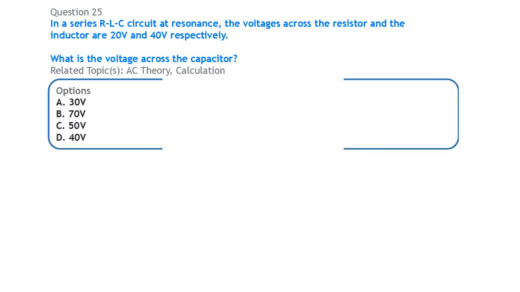Next, on AC theory: in a series RLC circuit at resonance, the voltages across the resistor and inductor are 20 volts and 40 volts. What is the voltage across the capacitor?